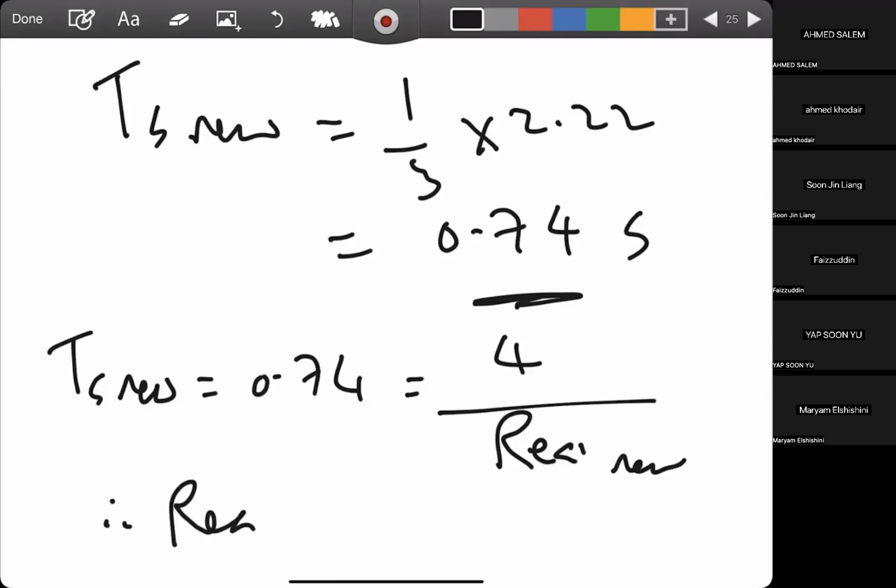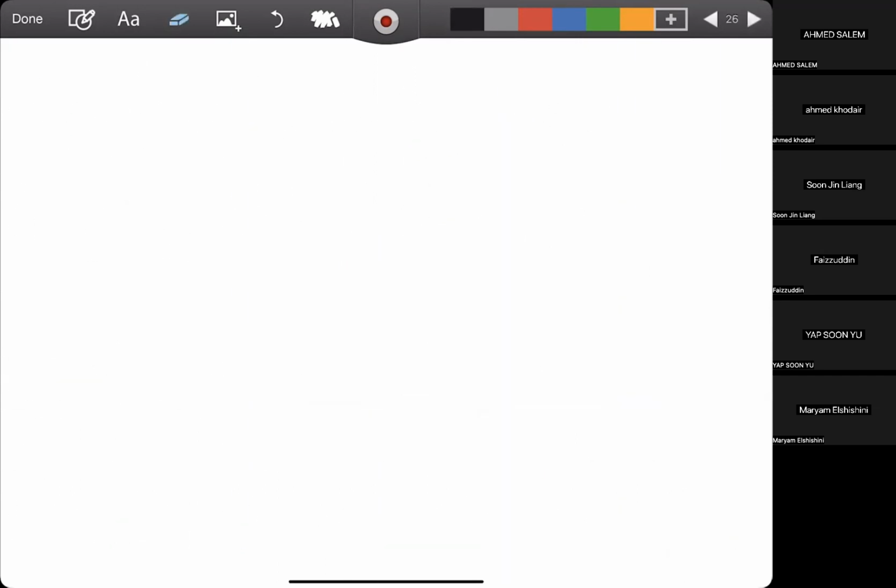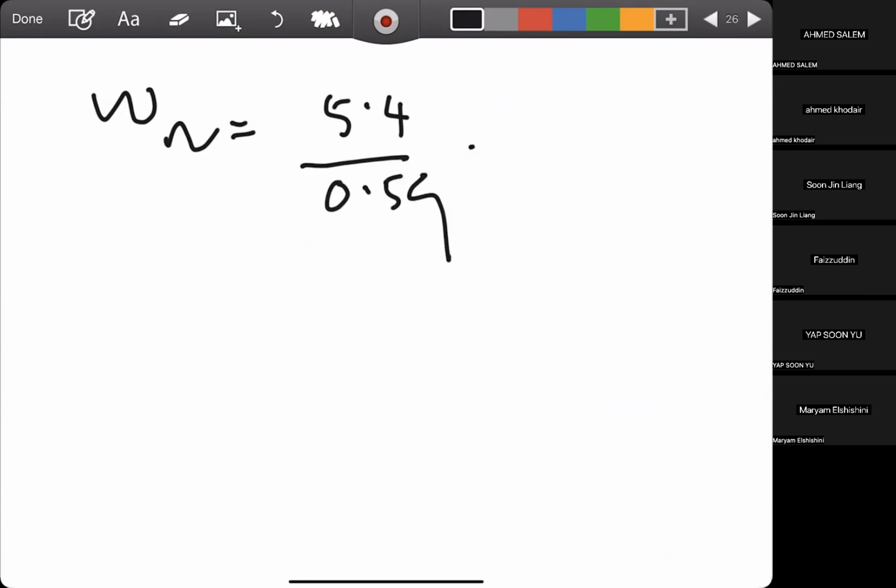So sigma new will be 5.4, which is equal to zeta omega n. And omega n will be 5.4 divided by 0.59, 9.15 radian.